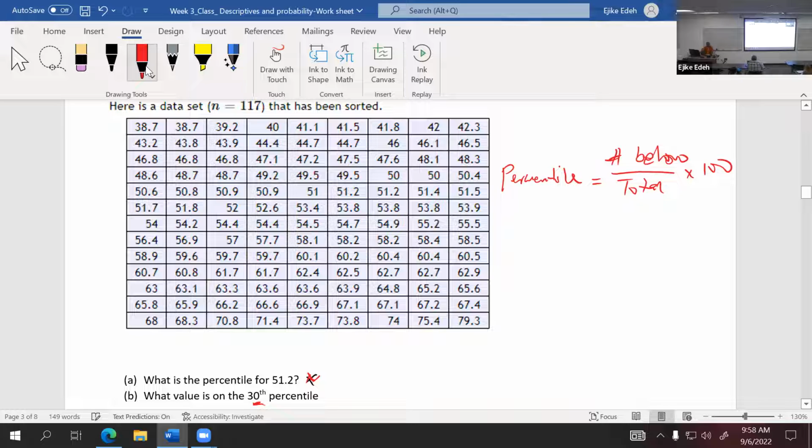That's what you're essentially doing to answer question A. So we locate 51.2. 51.2 is right here. I'll try to figure out how many data points you have below it. Okay. Can you help us out? What do we have?